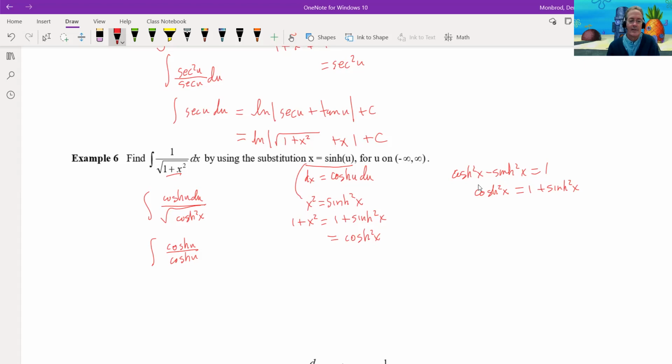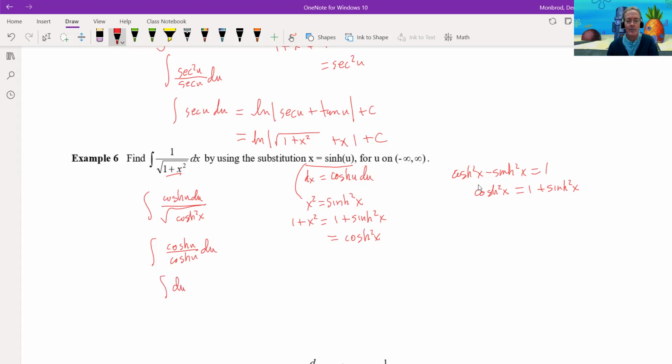And I didn't so far, because cosh is a positive function everywhere. So no worries about changing this square root of cosh squared and ending up with a negative quantity, because that can't happen. All right, that's just a 1.